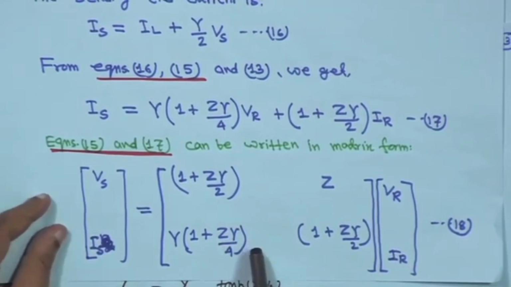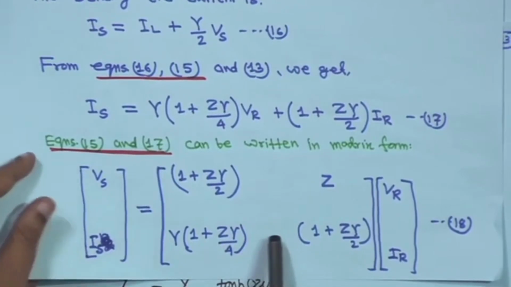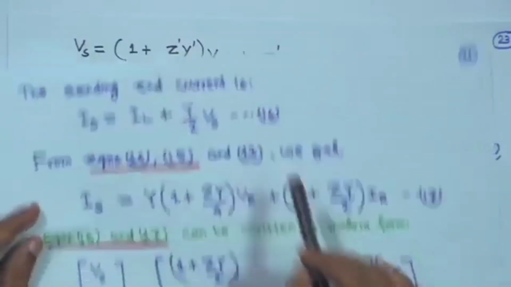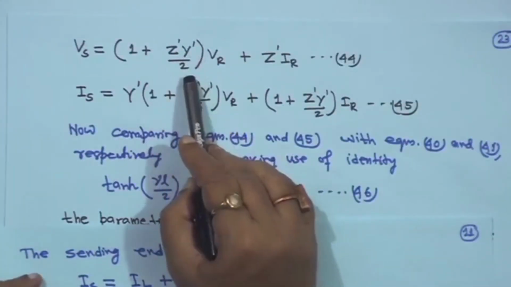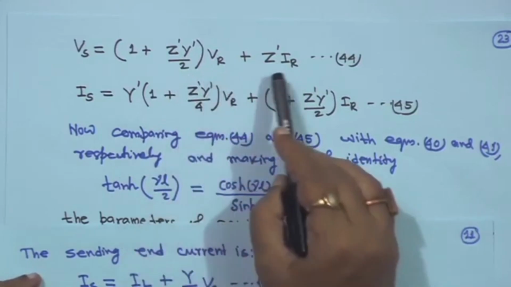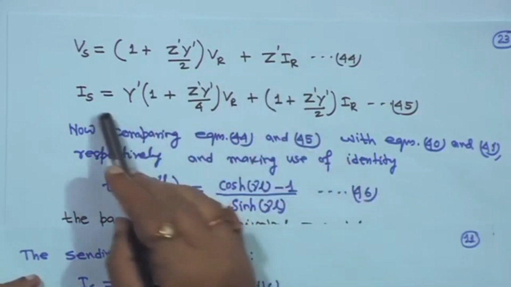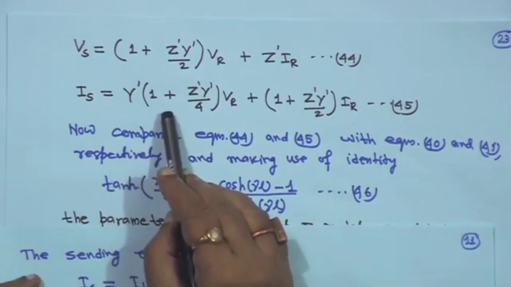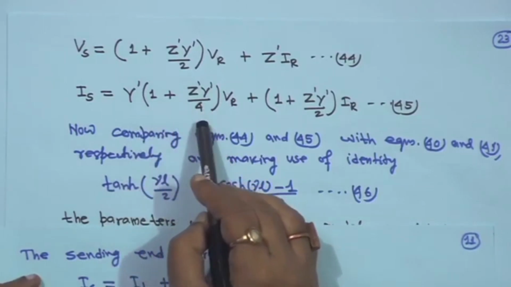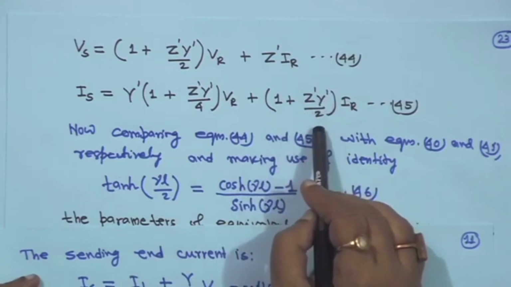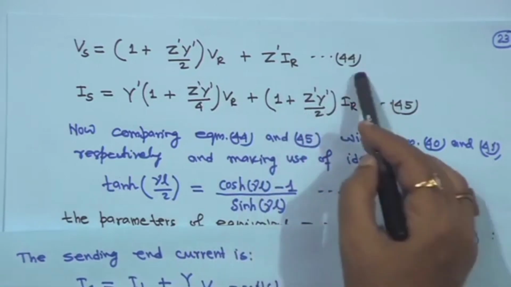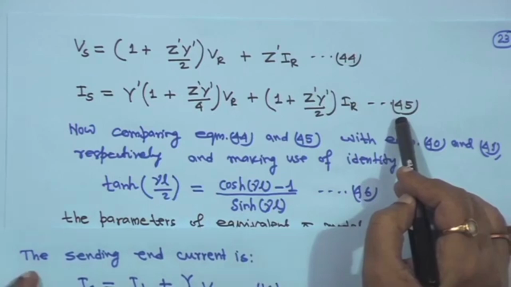When we are representing the long line in the pi representation, instead of writing z or y, we are replacing them: Vs = (1 + z'y'/2)Vr + z'Ir, and Is = y'(1 + z'y'/4)Vr + (1 + z'y'/2)Ir. This is equation 44 and this is equation 45, right.